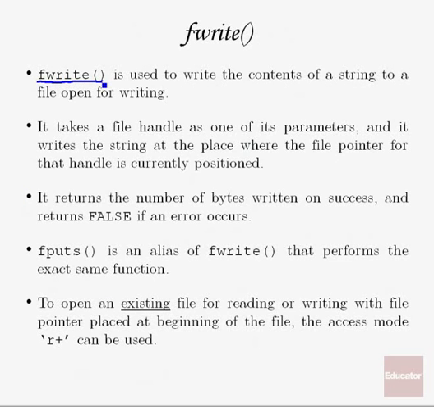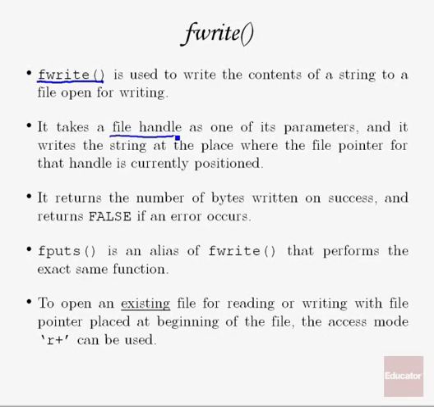Basically, the fwrite function is used to write the contents of a string to an open file, a file that's opened with an access mode that allows it to be written to. It takes a file handle to an open file as one of its parameters, and as a second parameter, it takes a string, and wherever the file pointer is for that currently open file, it's going to write the contents of that string wherever that file pointer is currently located.